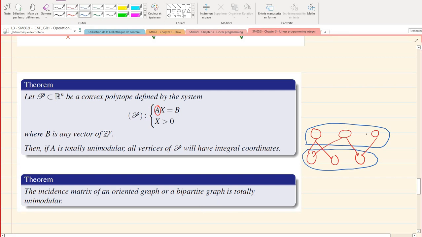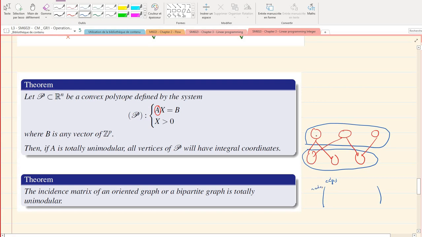In fact, if you have this and you want to solve this problem, then you need to construct a matrix that will represent all the edges. I don't know if you did this in another course. This is what we call the incidence matrix. It's a matrix that will give the edges in here and the nodes in here.